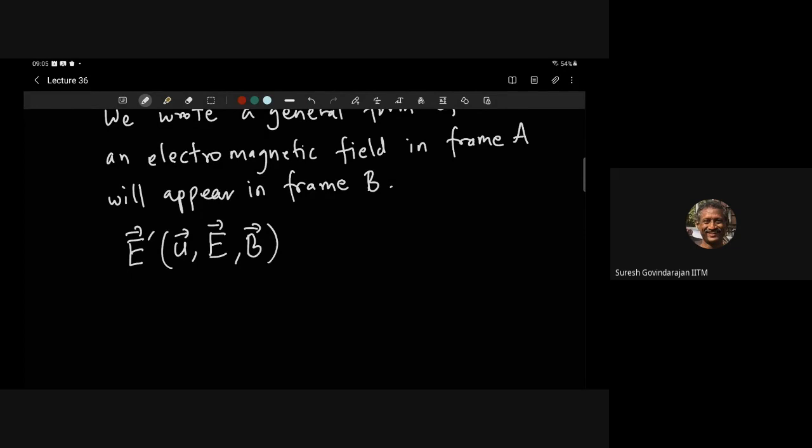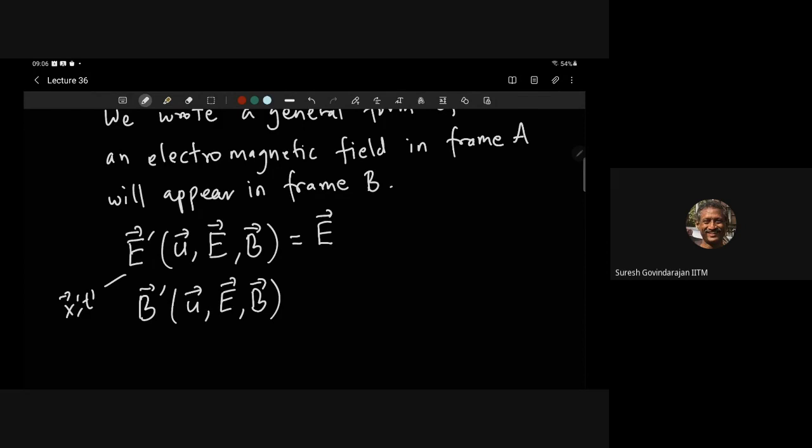They are all functions of x and t, so E prime will naturally be a function of x prime and t prime, and E and B will naturally be functions of x and t, because in frame B you will not work with coordinates in frame A. Anybody will work in their own coordinate systems, but we are putting in the fact that it can depend on the velocity u, the relative velocity between the two frames.